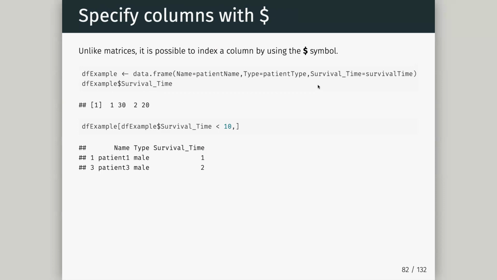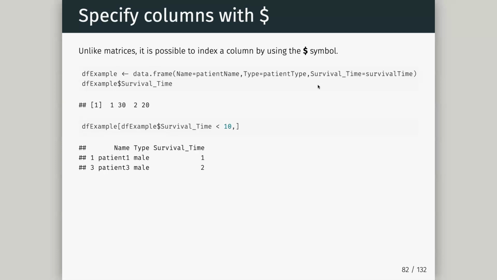We can use the dollar symbol. We get the name of our data frame, we do dollar, and I put the name of the column I want to extract, survival time, and it will extract that column. This is the same as indexing with square brackets, except I can just use dollar and the name of the actual column I want to pull out.